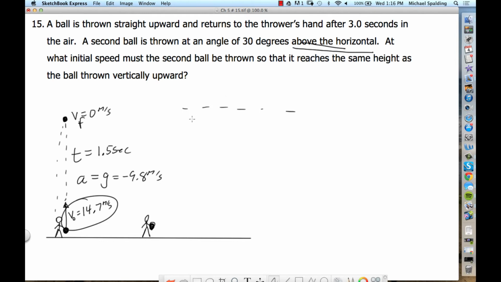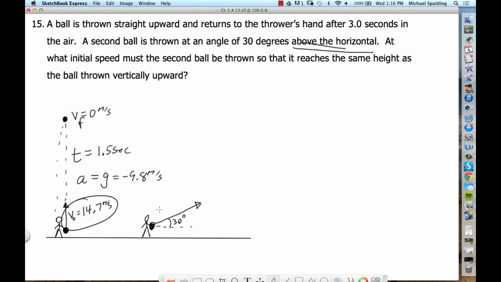If something is going above the horizontal, that means that the velocity points that way, points up. If something's going below the horizontal, that means it's traveling that way, right?